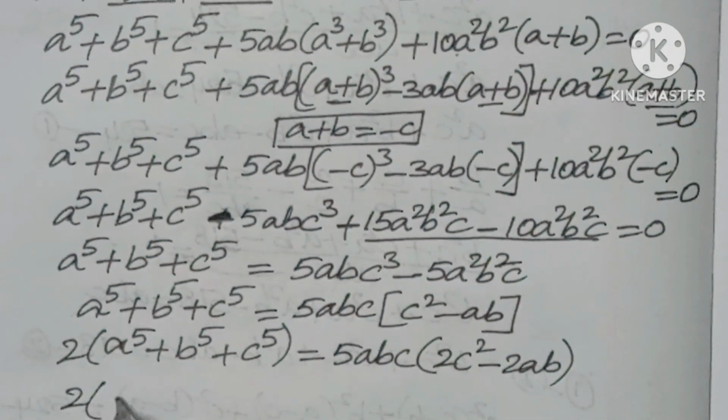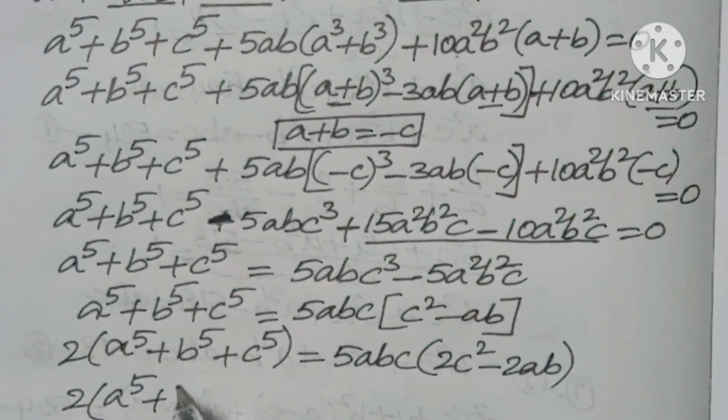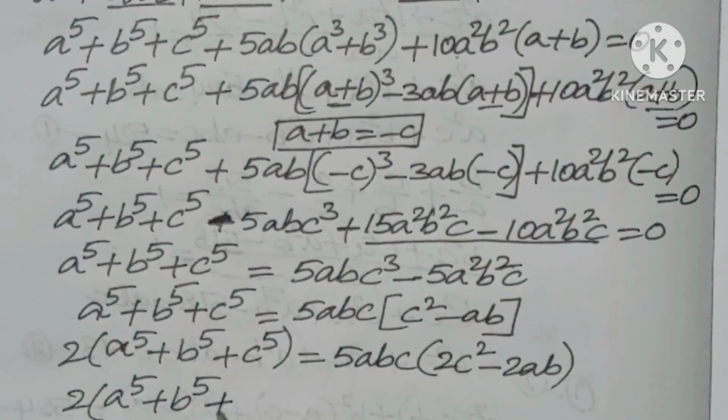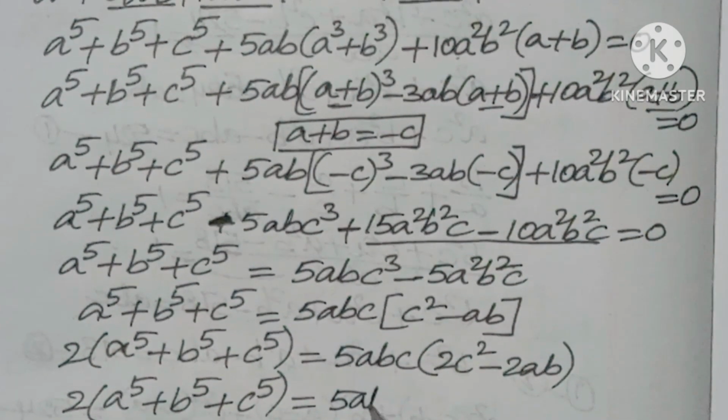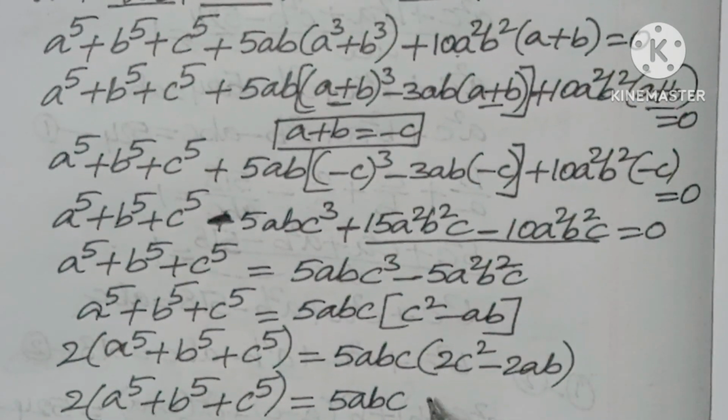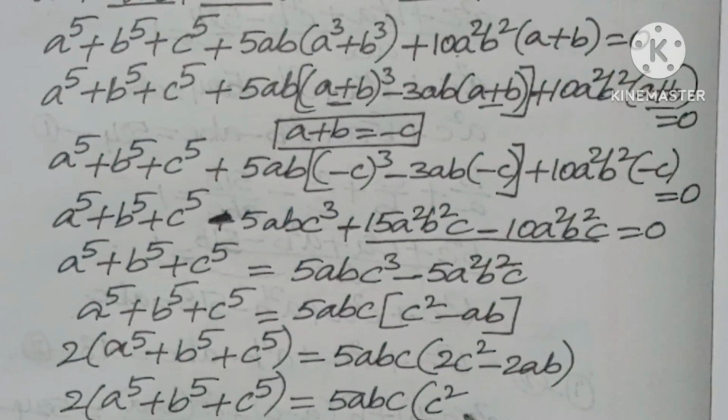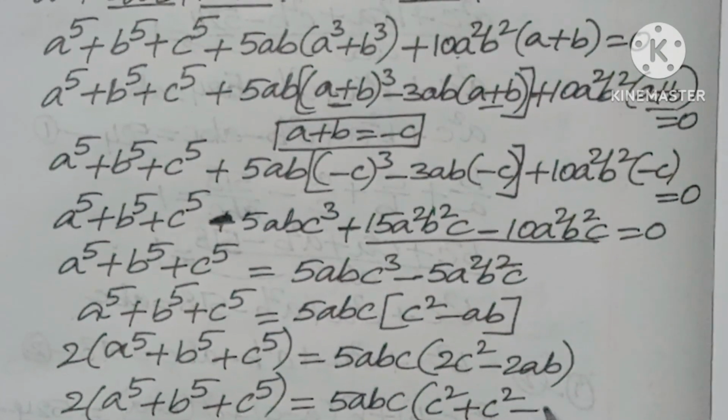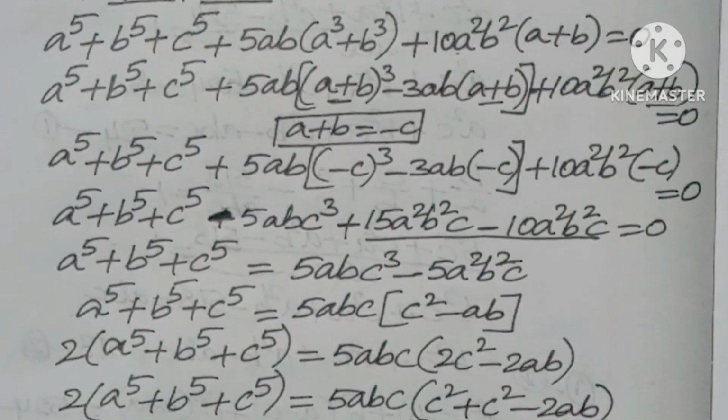Now 2 of a to the power of 5 plus b to the power of 5 plus c to the power of 5 is equal to 5abc bracket c square plus c square minus 2ab.